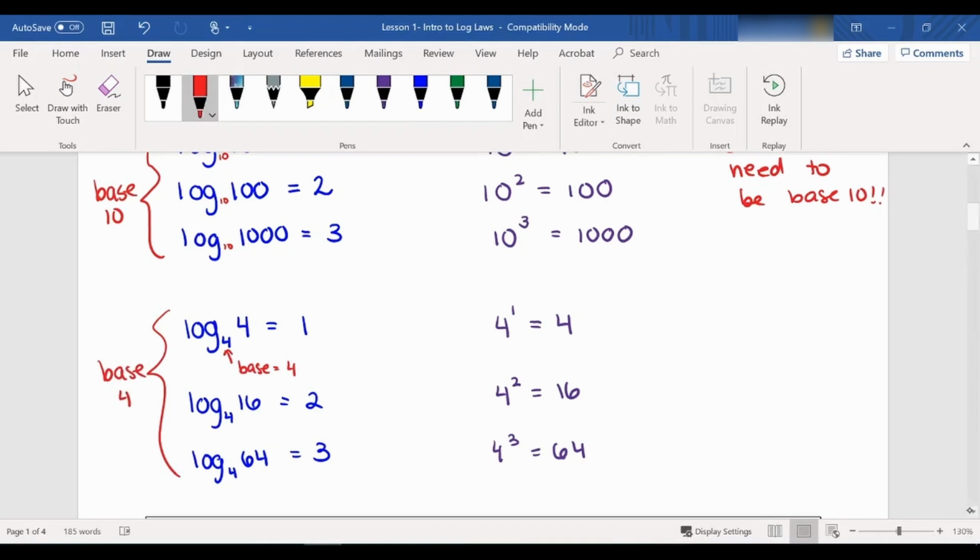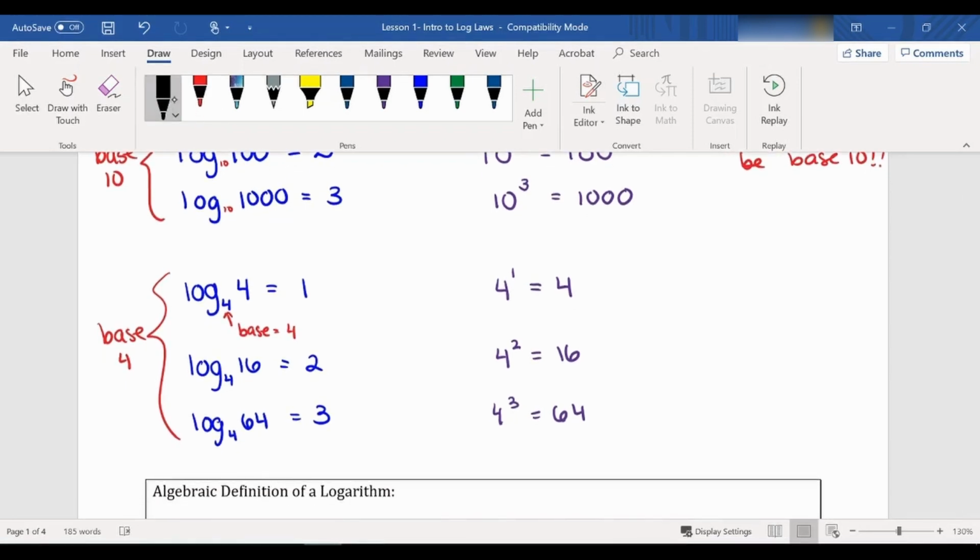So hopefully you can notice a little bit of a pattern. The base of the log is the base of the exponent. If I have some log with any base a, and I have some number b as the inside stuff of my log, and this equals some number c, if we wanted to change this into exponential form or vice versa, we can see that the base of the exponent is still a.